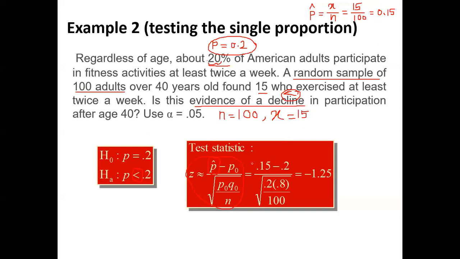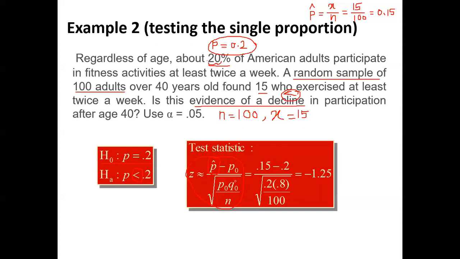Okay, so the p hat is 0.15 minus P0. P0 is the proportion of the null hypothesis, that is 0.2. So minus 0.2, and divide by the square root of P0, that is the null hypothesis of P, 0.2, times Q0.